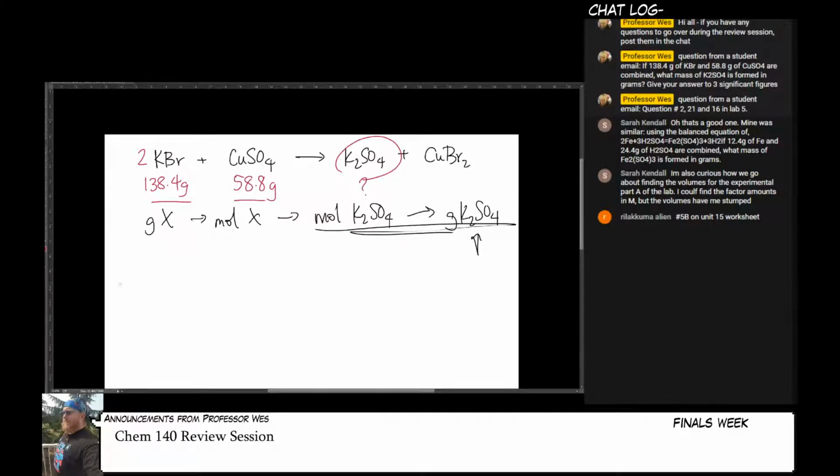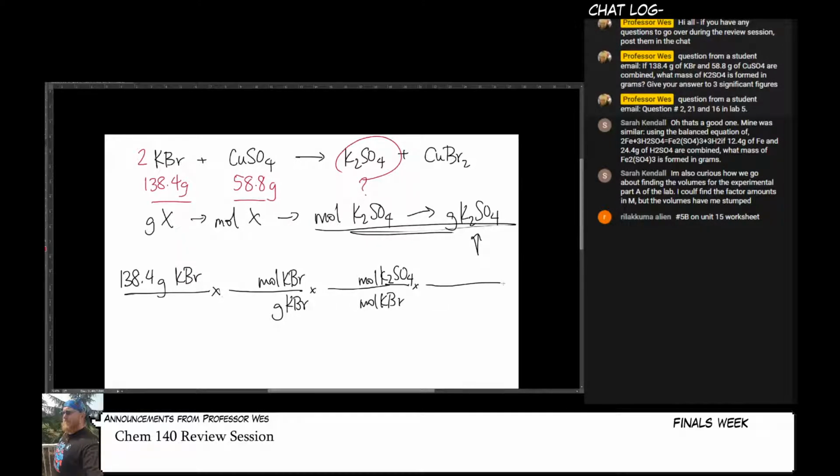So let's start with this, 138.4 grams KBr. And then I'm going to turn that from grams of KBr into moles of KBr, which I'll then turn from moles of KBr into moles of K2SO4.